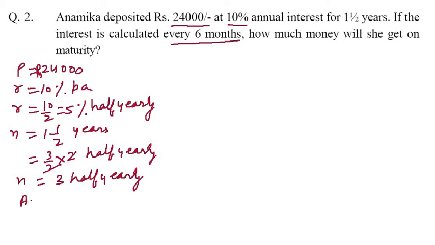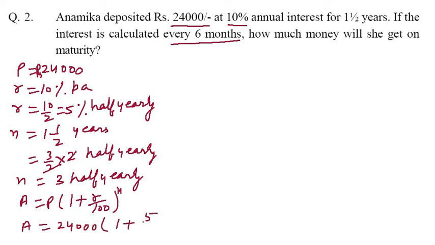Formula is amount A will be equal to P into (1 plus R upon 100) to the power N. Put the value. So A will be equal to P, given as 24,000, and 1 plus R, given as 5%, that is 5 upon 100, and power is 3. So 5 ones are 5 and 5 twos are 10, so 20.